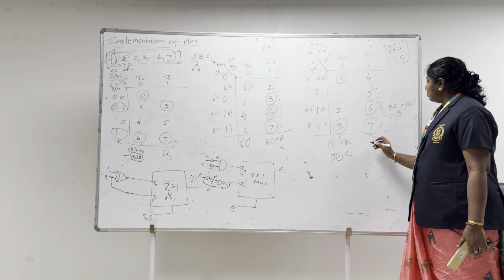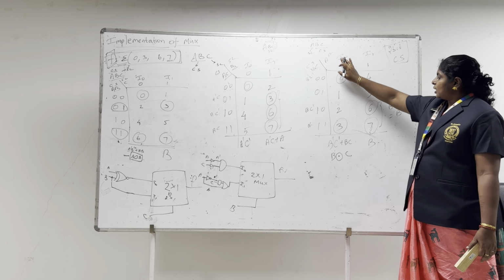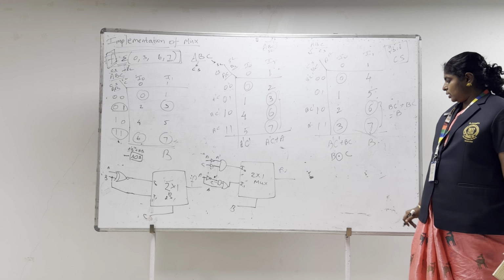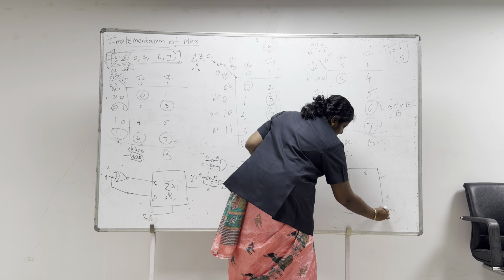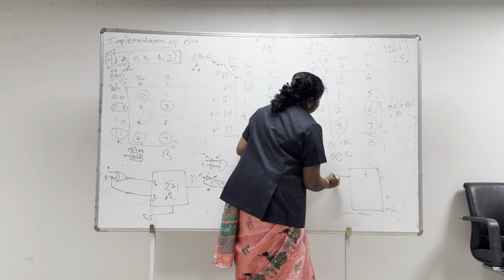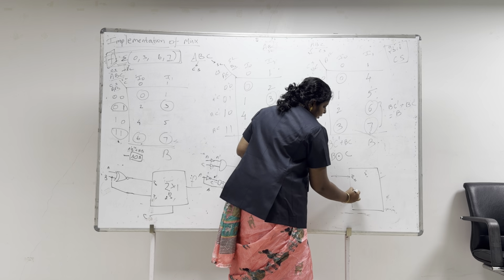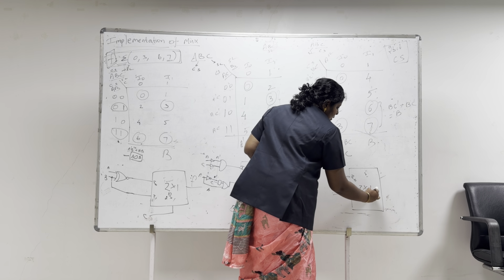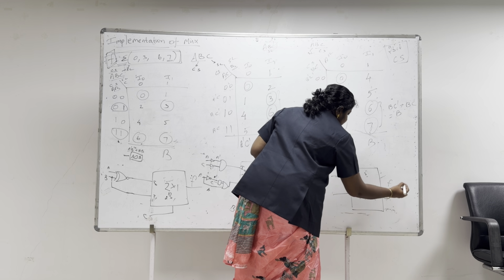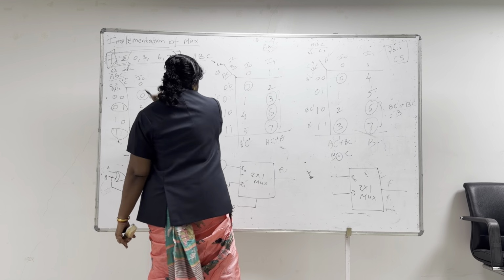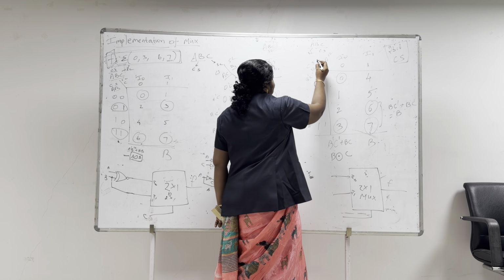So the value for this is B. Therefore, I1 is equal to B and I0 is equal to B XNOR C. Therefore, your structure will be two inputs, I0, I1, 2 cross 1 mux, one output, which is nothing but F. Select line, what is my select line?